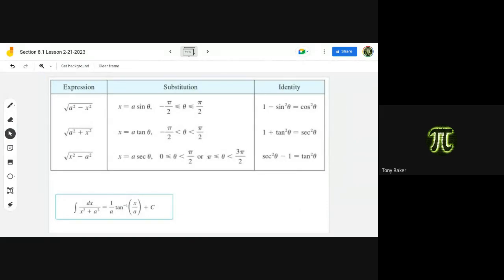Yeah, no, it's not the way this works. All right, so here's my trig substitution. Which one am I going to use? I have the plus, right? So we're going to use this one. So my x is going to be a tangent theta. A is 1 in this case. Actually, a is not 1 in this case.